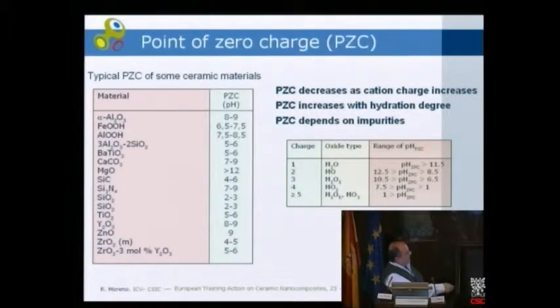For oxides like calcium or magnesium oxide, the isoelectric point will occur at pHs between 10 and 13 normally. Oxides M2O3, like alumina or yttria, have normal point of zero charge of 9, between 8 and 10, and so on.